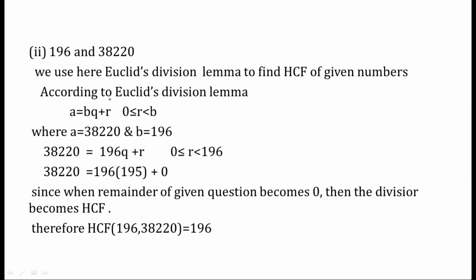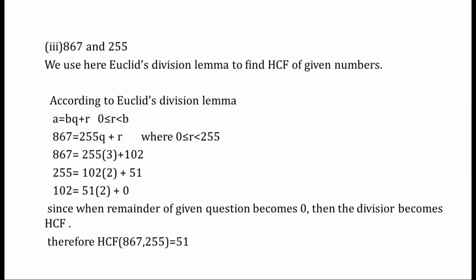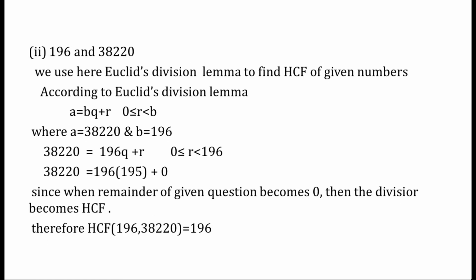Now, similarly, you can find the HCF of 196 and 38,220. As in the previous question, we take a as the greater number and b as the smaller number.